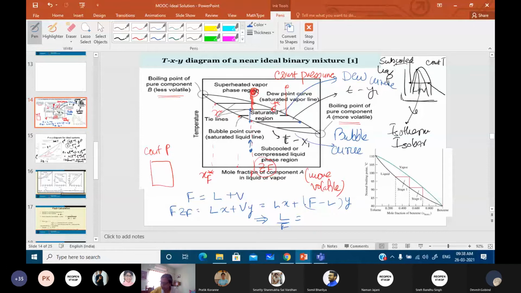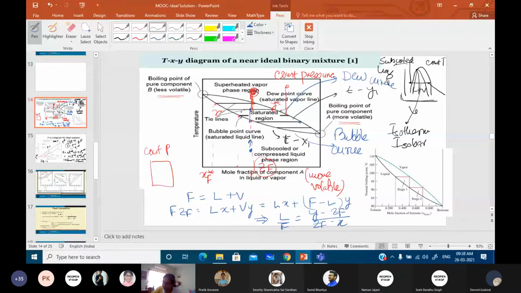Just simply if you can sort it out, then what do you get? Y minus ZF would have been a better thing to write. Just see what it is that you are getting: (y minus ZF) by (ZF minus x). Yes or no? Isn't it? So what does this signify?